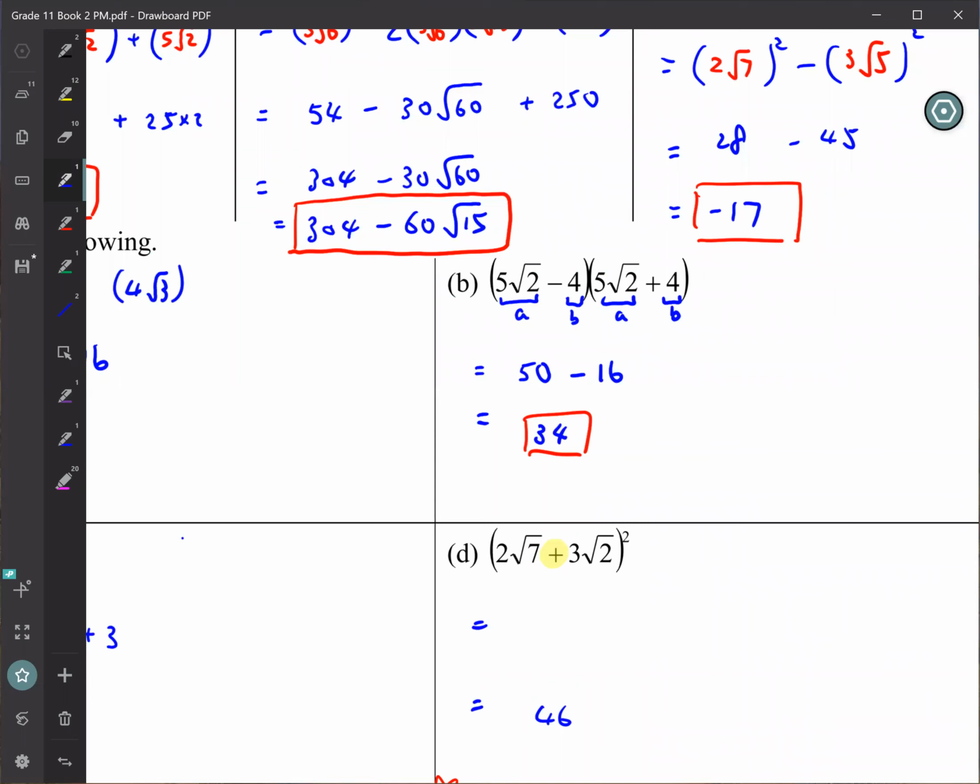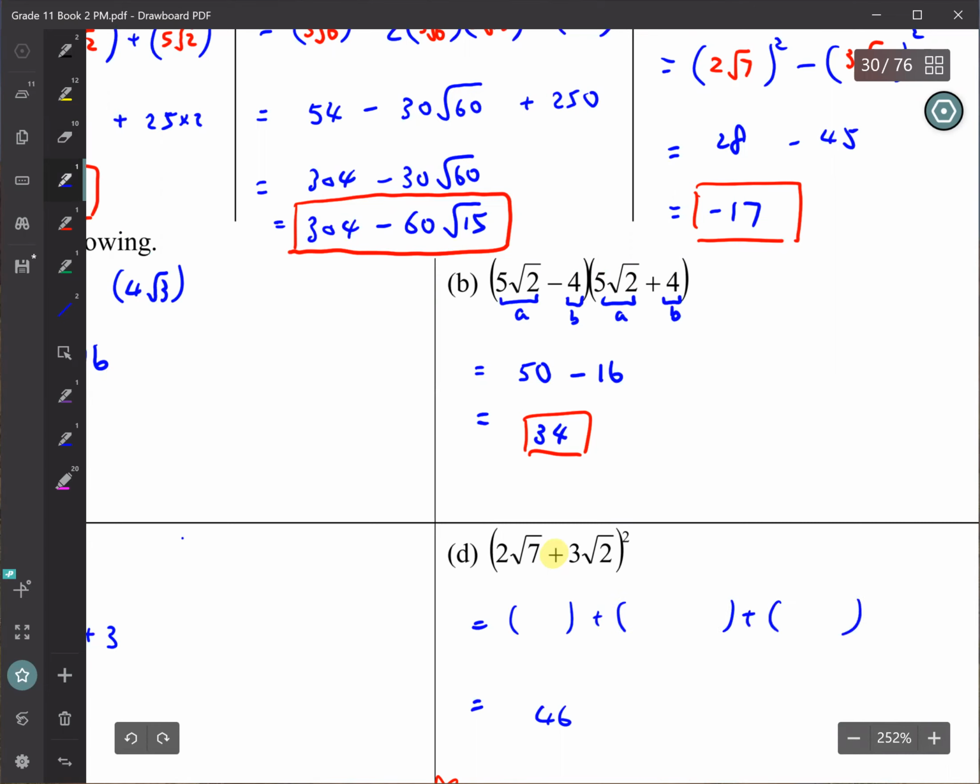Oh, a squared plus 2ab plus b squared. That's right, okay. Let me write it down. A squared plus 2ab plus b squared.